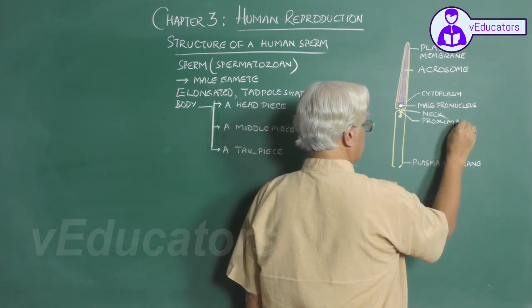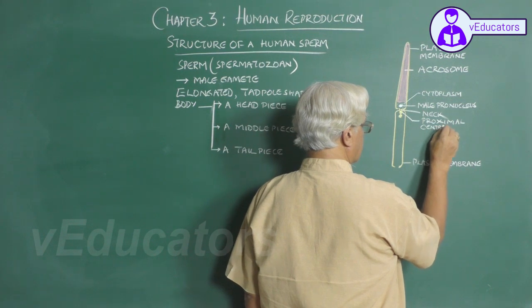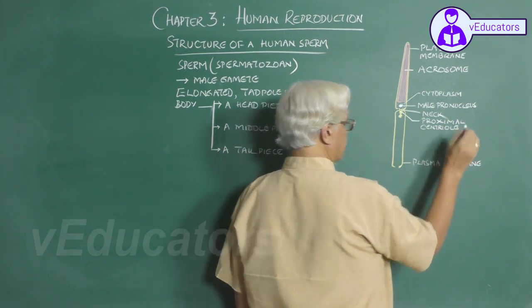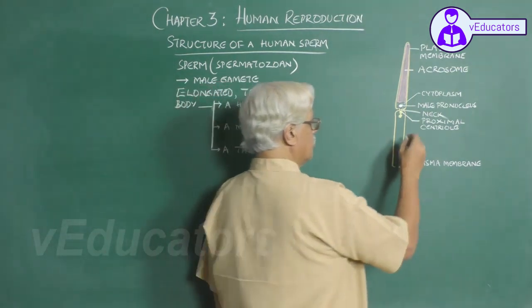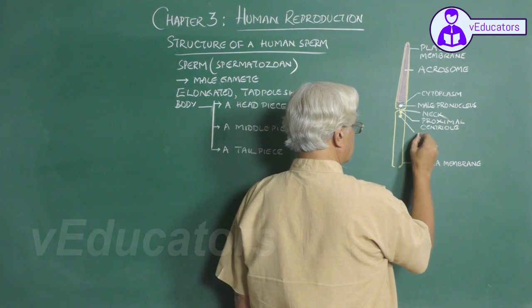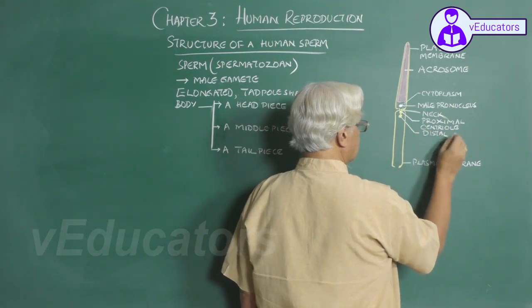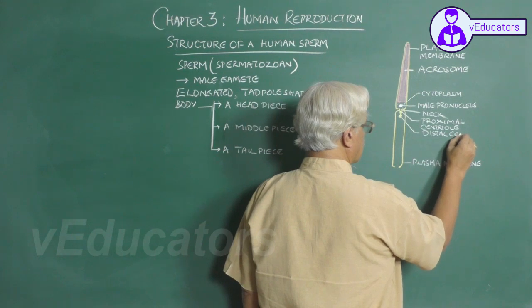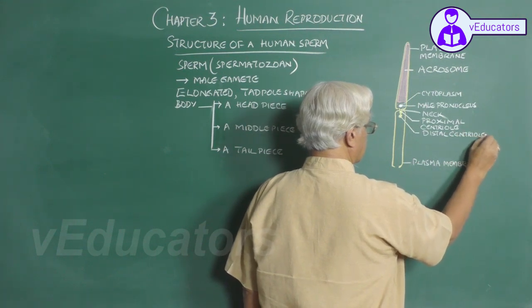The anterior one is called proximal centriole. The posterior one is called distal centriole.